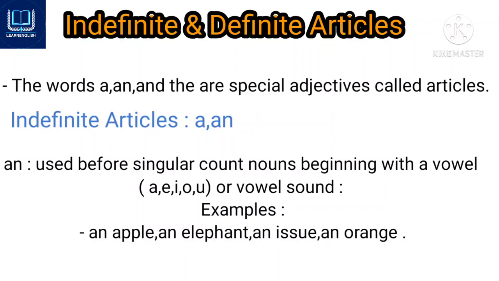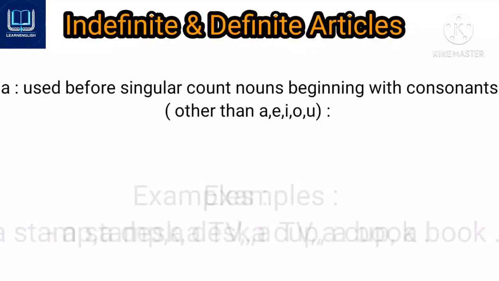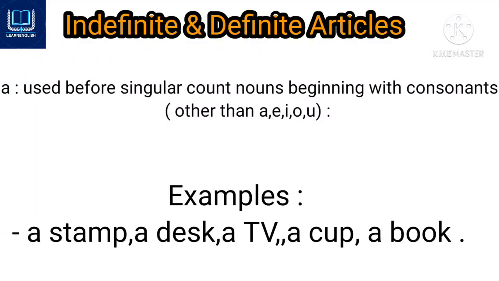Examples: an apple, an elephant, an nephew, an orange. A is used before singular count nouns beginning with consonants other than A, E, I, O, U. Examples: a stamp, a desk, a TV, a cup, a book.